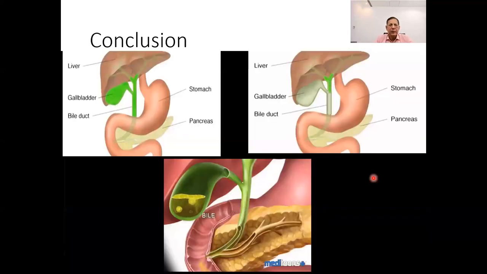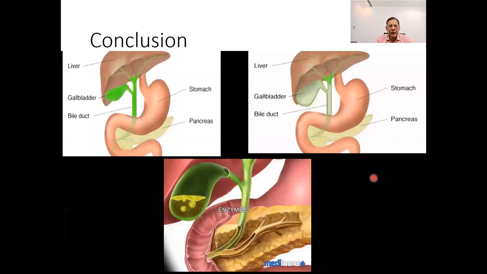So, if we conclude this biliary system, there are a couple of things you should remember. Number one, the bile is formed within the liver cells, which are called hepatocytes.